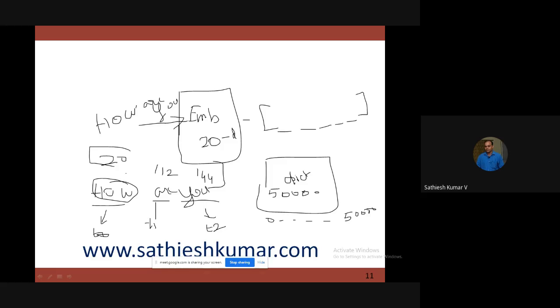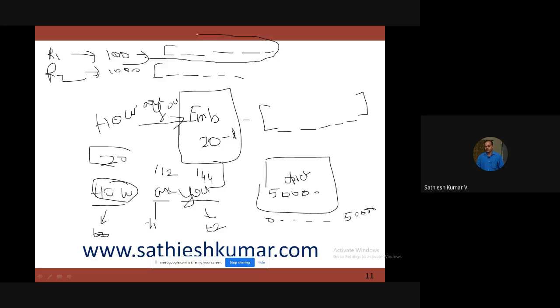In a movie review, what happens? Review 1 can have some 100 words, review 2 can have some 1000 words. If I do like this, I will get 100 elements in the first case and 1000 elements in the second case. Converting these 100 elements or 1000 elements into 20 elements will be done by this embedding layer.